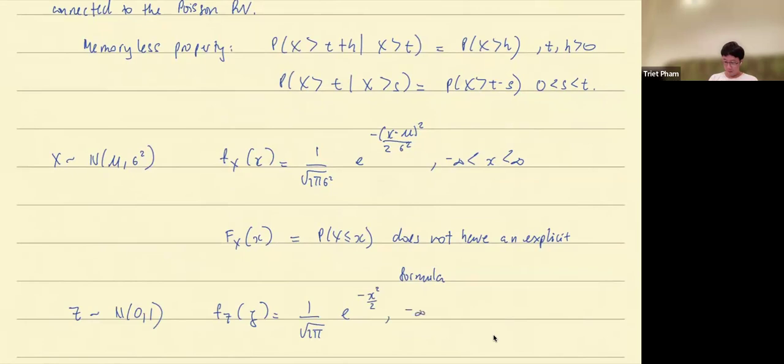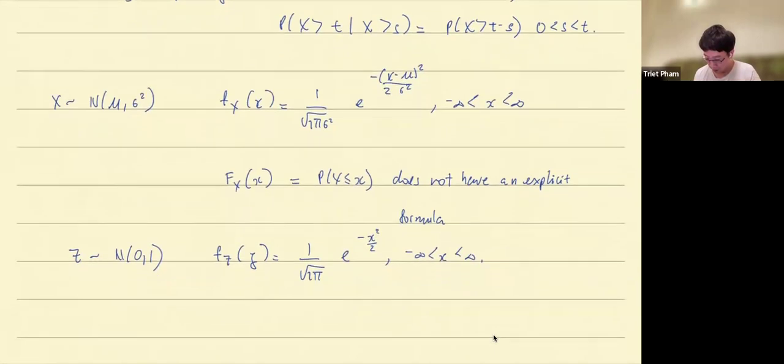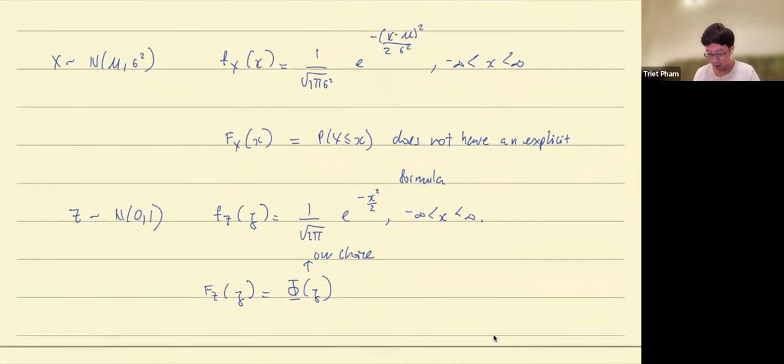And the CDF, let's say, is denoted as this, and this is our choice. And the normal has the property that any linear transformation of a normal is a normal.